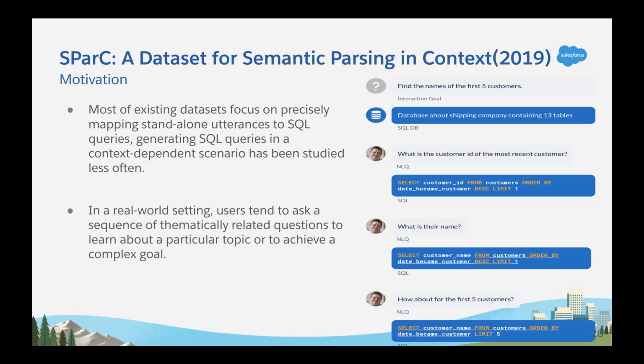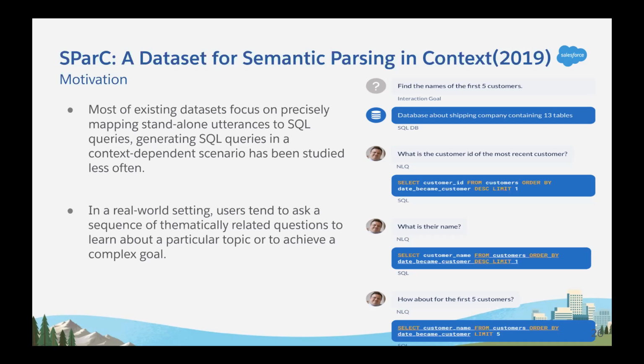So both our teams collaborated and started to think about how to build a context-dependent text-to-SQL dataset. We called it SParC, a dataset for semantic parsing in context, which was published in 2019. The idea is that we take complex SQL queries in Spider, choose those questions and SQL queries, and then hire people.